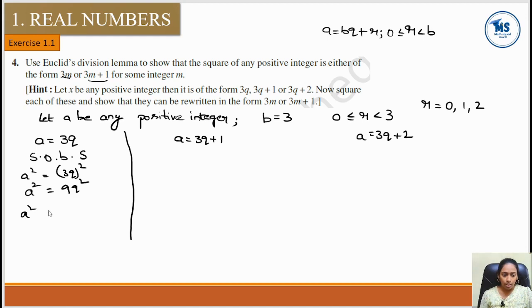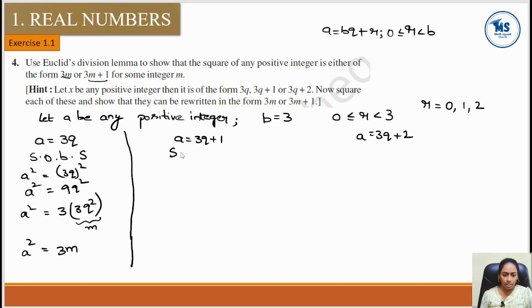If I take 3 in common, a square is 3 times 3q square. It's known that q is any integer, right? So 3q square will be another integer, let's say m. Then a square is in the form of 3m. Okay.